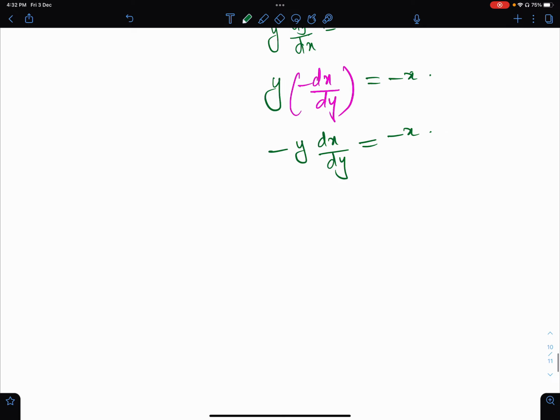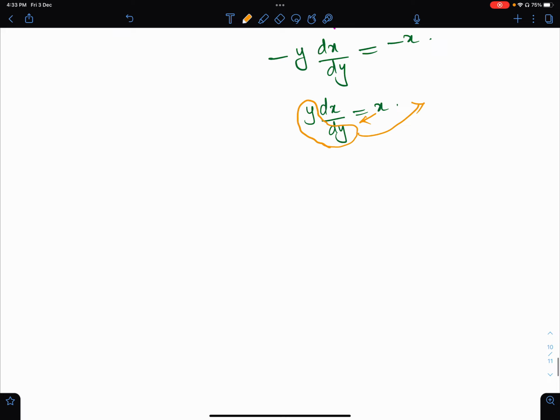Okay, so what you can do now, cancel that minus first. So it is y dx by dy equal to x. Now take this entire part to the other side and bring this x down. So dx by x is equal to dy by y.